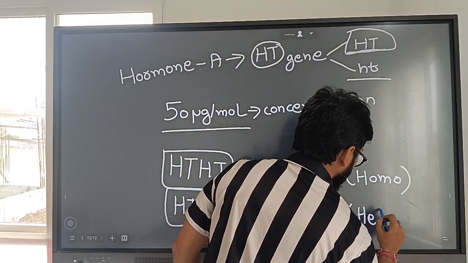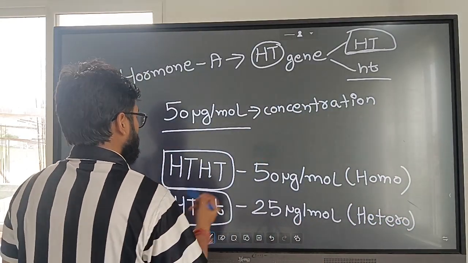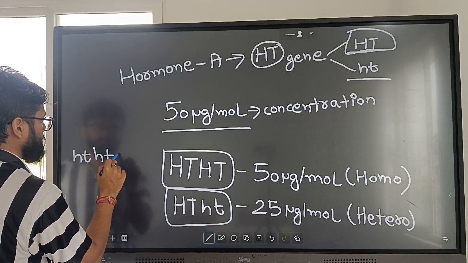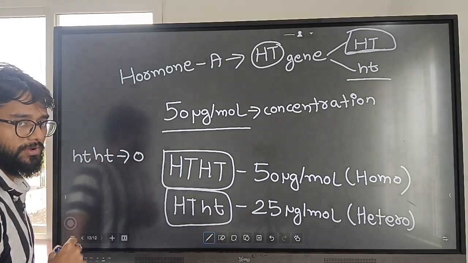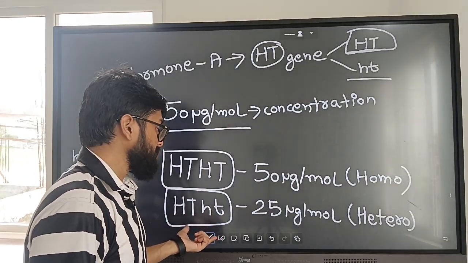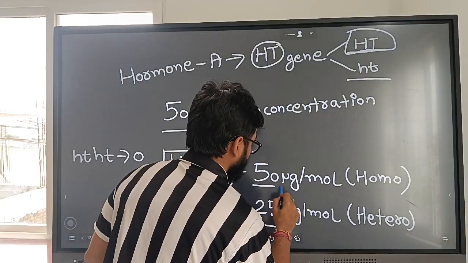Recessive condition will always produce nothing, it produces 0. No problem there. But in the heterozygous case, it is creating 25 instead of the 50.